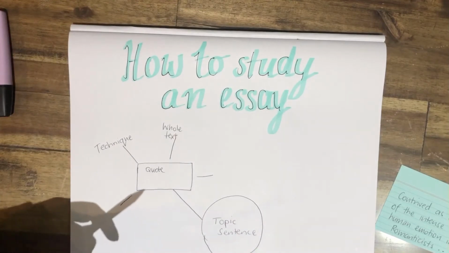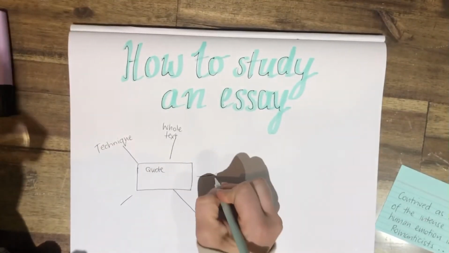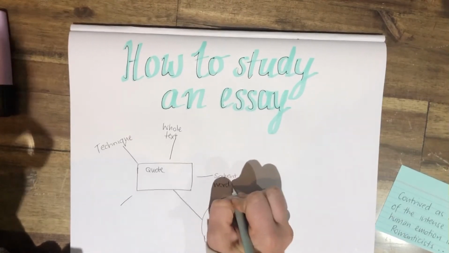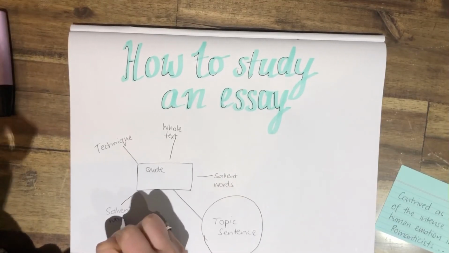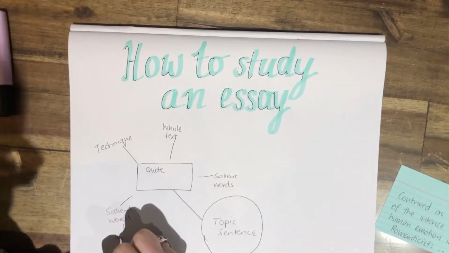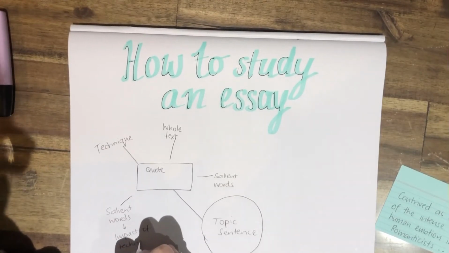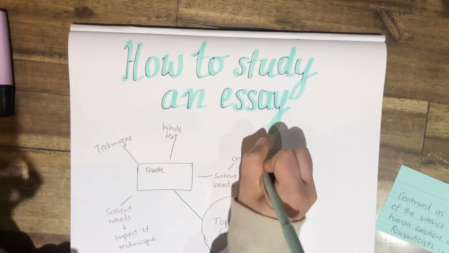Has it got something to do with a clash of characters? Things like that. Then I'm going to put any of the salient words, the ones that stand out, that I must remember. So chances are that's hopefully going to be something to do with the impact of the technique. If you are doing a particular module, like Module A, that might have something to do with context, depending on what you've got to do.